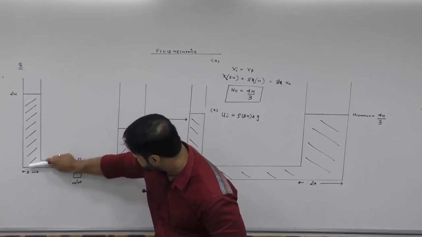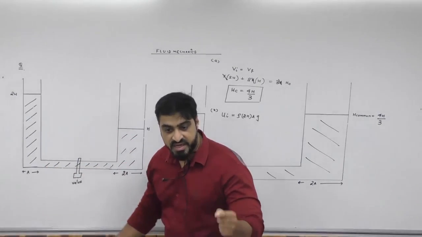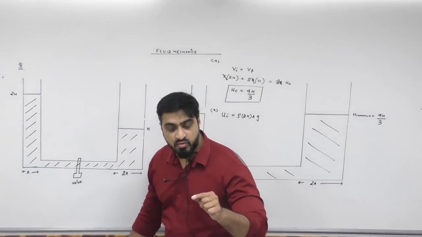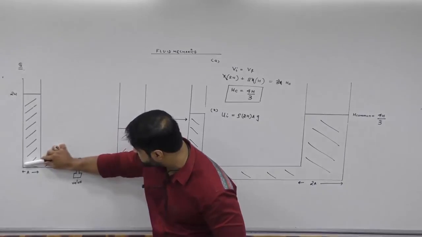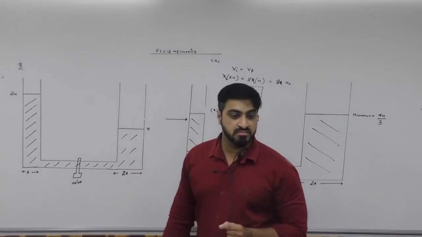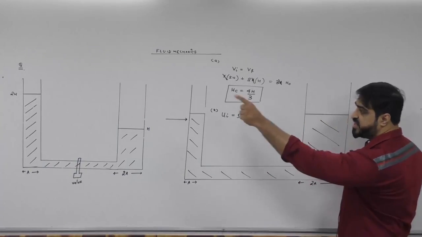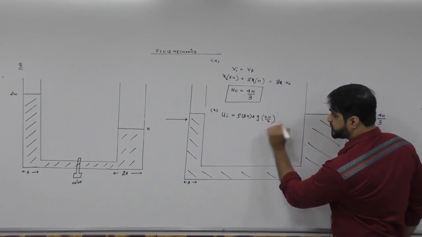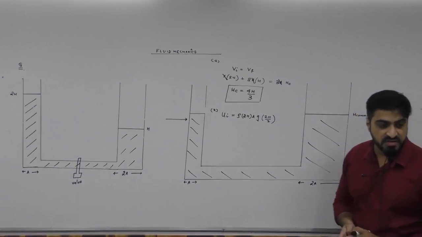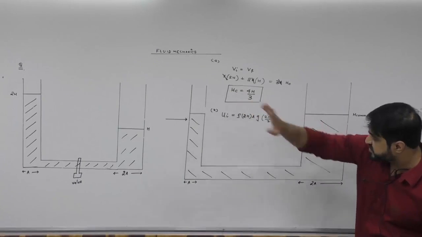This whole thing is a continuous body, and that mgh is valid only for point masses. So you have to concentrate this whole mass where? At the center. H, that will become h by 2. So it is 2h by 2. I am writing it for the sake of understanding. You can write h also. So it is h by 2 of that thing.